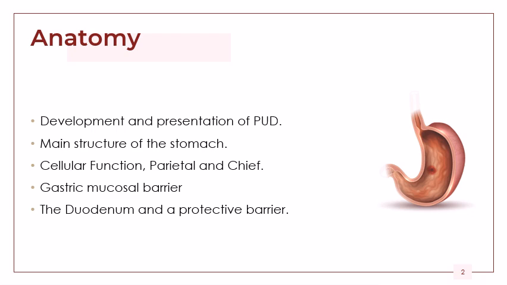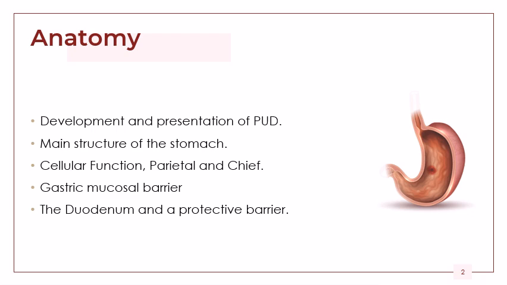particularly cells vital for the digestive process and the gastric mucosal barrier. Parietal cells secrete hydrochloric acid to sterilize the stomach environment, and the chief cells secrete pepsinogen for protein digestion.